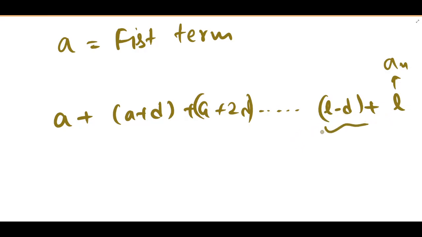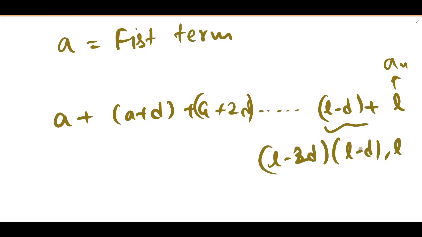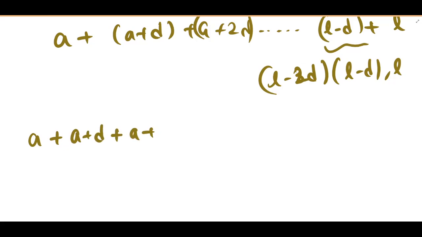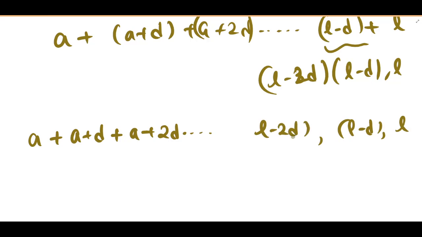Similarly, if we subtract the common difference from l minus d, we get the third last term, l minus 2d. So the sequence will look like this: a, a plus d, a plus 2d, and from the last, l minus 2d, l minus d, l.